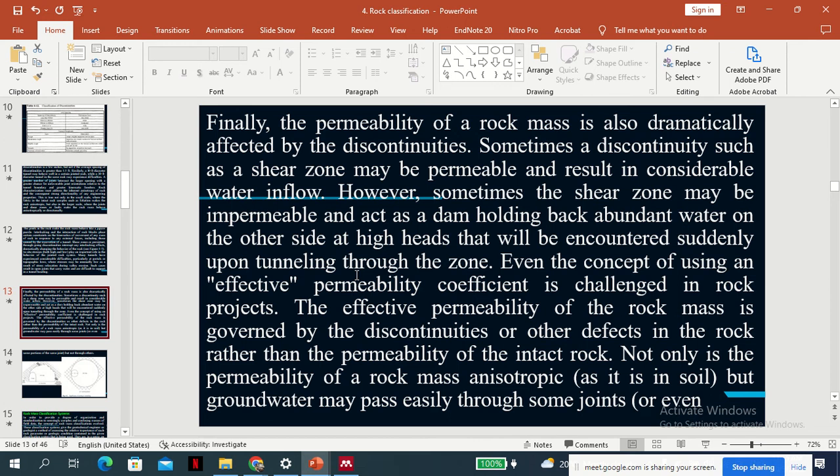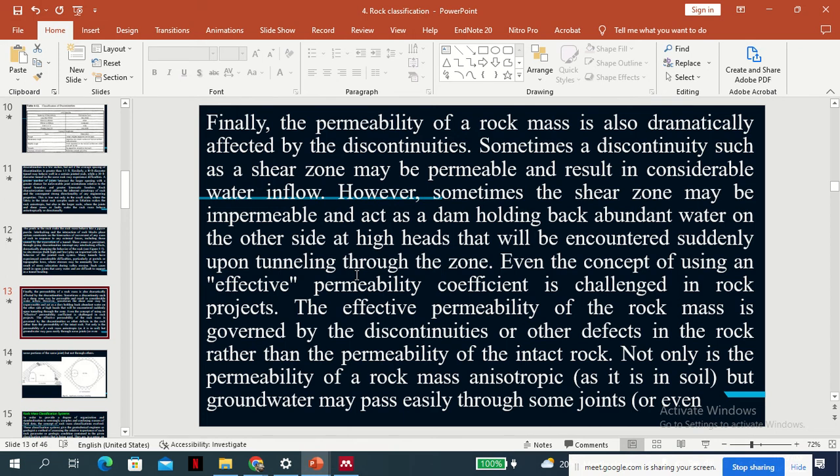The joints might have different sizes, and the amount of water passing through these joints might vary. So when you get an effective permeability, it may not necessarily represent the actual in situ condition. Even when we talk about effective permeability, it's in doubt. You really have to think about the implications.